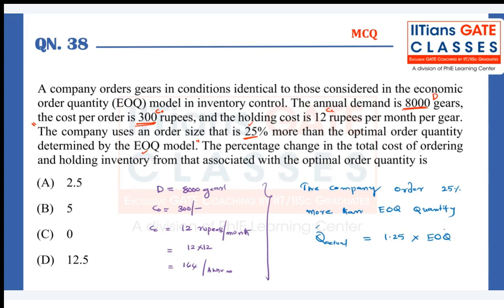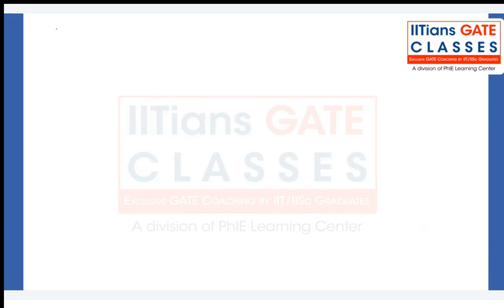Total cost we also have to find at the economic order quantity. Right. First we'll find the economic order quantity. Then we will move forward. Now, first EOQ, economic order quantity. So what is the formula? Basic: square root of 2DC naught divided by CC. Right.